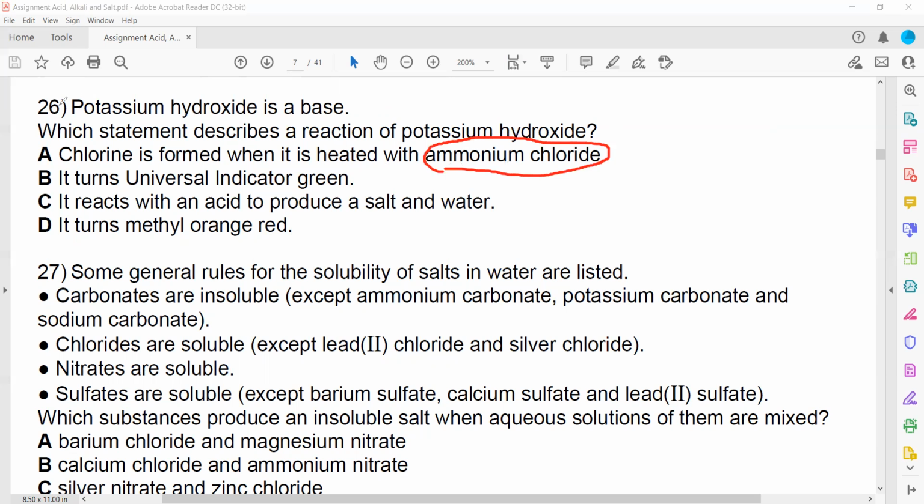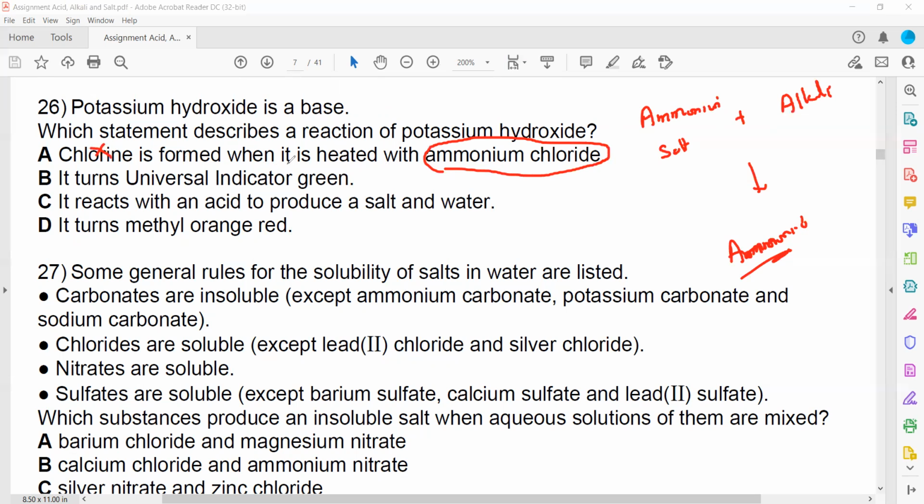Chlorine is not formed, ammonia is formed, because when we have ammonium salts, salts which have the ammonium ion, and we add an alkali and heat it, it gives a pungent gas which is ammonia. So that's why A cannot be the answer.